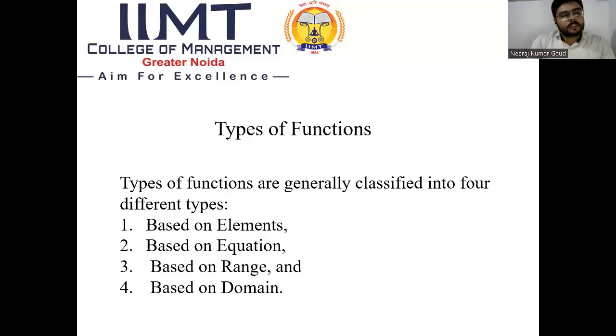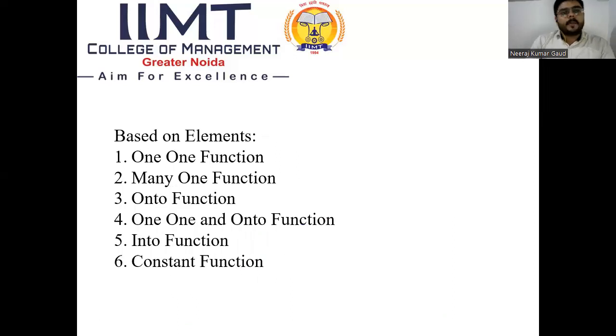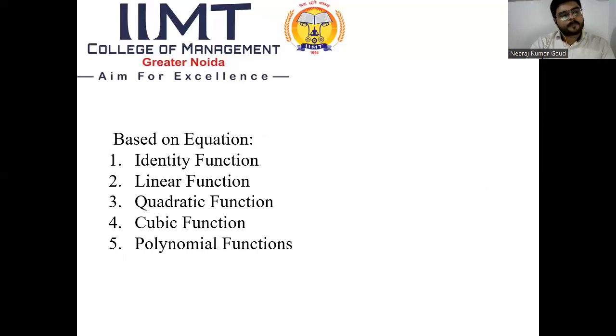Now the types of function. Types of function are generally classified into 4 different types: based on element, based on equation, based on range, and based on domain. Based on element, we have 6 types of function: one-one function, many-one function, onto function, one-one and onto function, into function, and constant function.